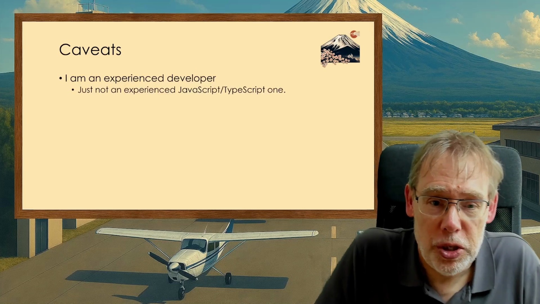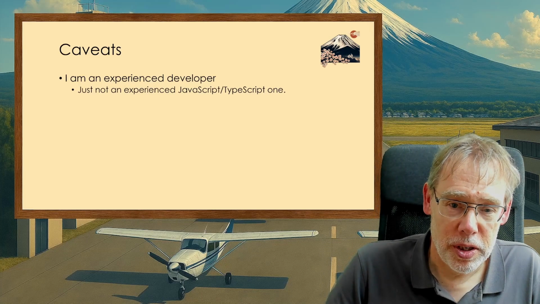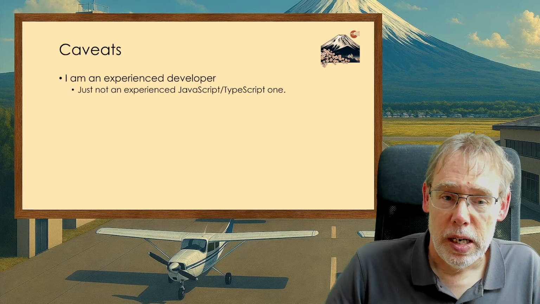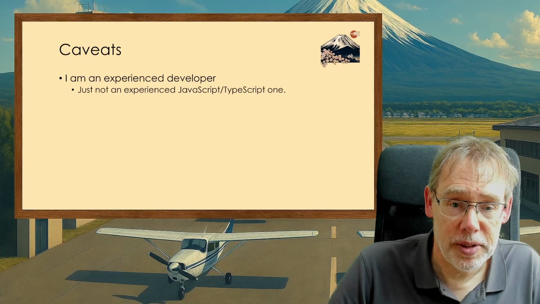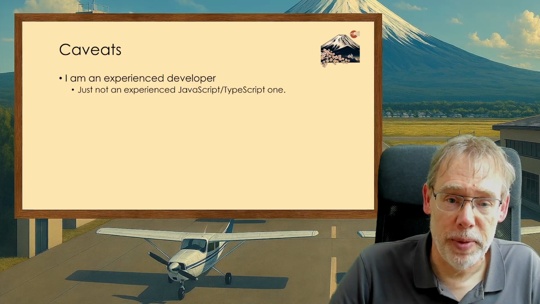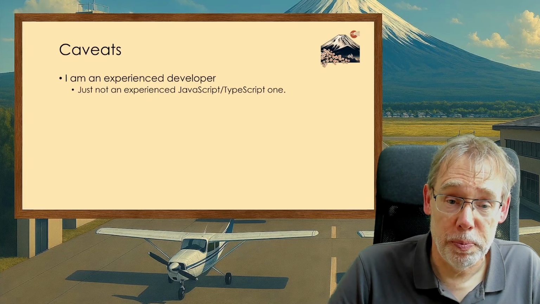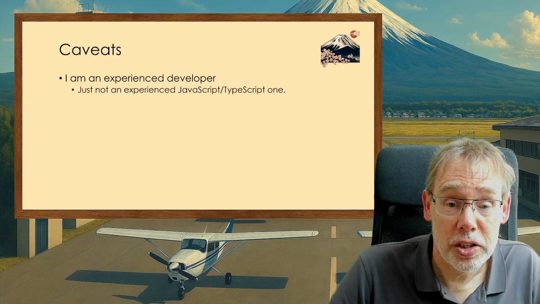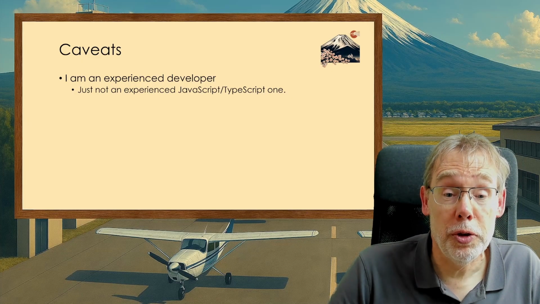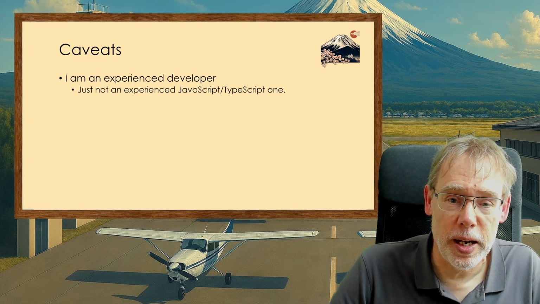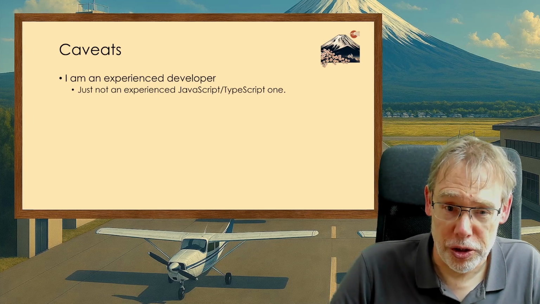So just to be sure, I am not an experienced JavaScript, TypeScript developer. I've done most of my professional work in Java. JavaScript is completely different. It has changed a lot over the past 10 to 15 years. Adding TypeScript was a good step forward, but still there's a lot happening, and especially there's a lot of choice.